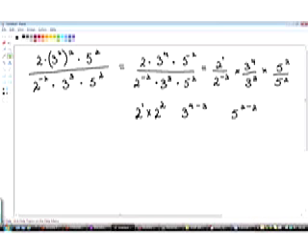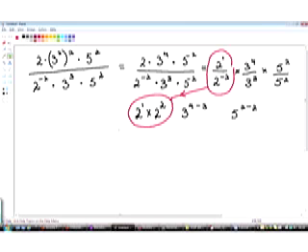So the first part becomes, so we're circling red, which came out of this region here, becomes 2 to the power 1 plus 2, which gives me 2 to the power 3.